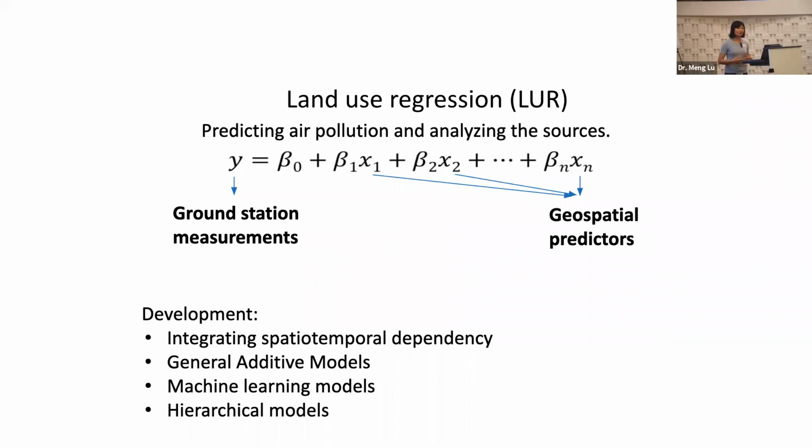But there are also lots of developments, trying to make better predictions. So that includes integrating spatial temporal dependency, like Kriging-based methods, and generalized data models, so that tries to relax from the variable distributions, and also machine learning based methods and hierarchical based methods, which are also my focus.